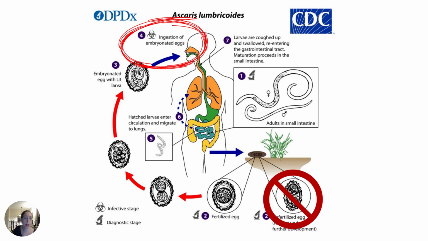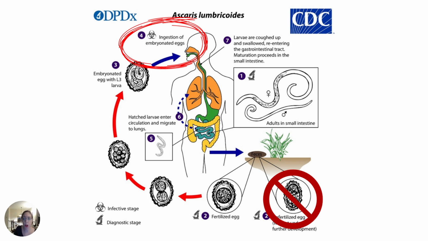And so if we see up here at the very top of this chart at number 4, there's a little biohazard symbol. That's when that infective stage begins. That's the ingestion of the embryonated eggs. And only those fertilized embryonated eggs are the ones that are infectious. So at that point, if they are consumed, they do have the potential to cause infection.